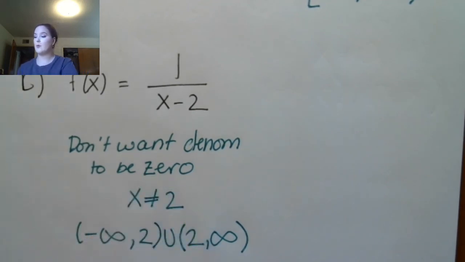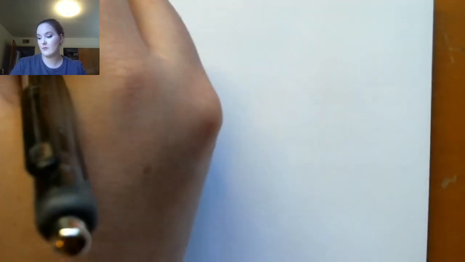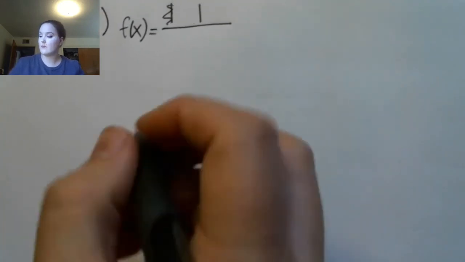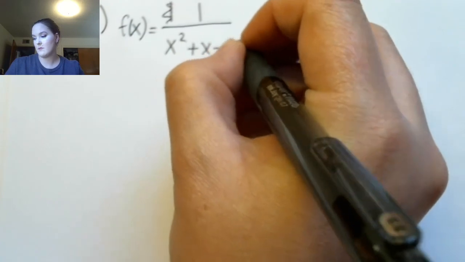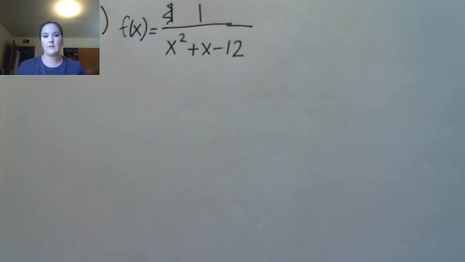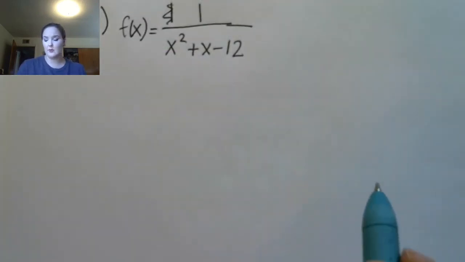One more example like this. Again, we don't want the denominator to be equal to 0.